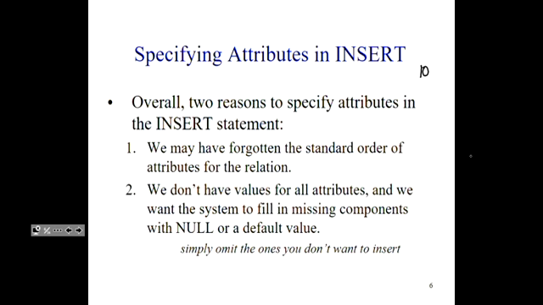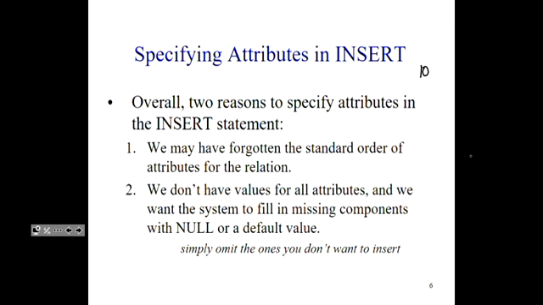Okay, so maybe that default value is null, or maybe it's a special value that the database has defined for those attributes. In those cases, you can insert a tuple into your relation and only specify that you are specifying these 2 attributes out of the 10 attributes. Okay, and the database will fill in values for the remaining 8 attributes based on the defaults.